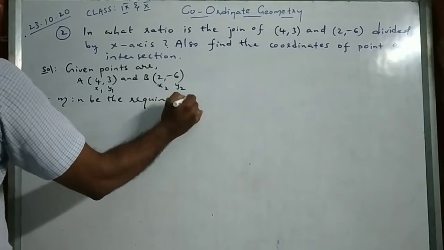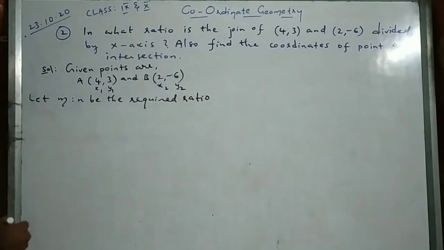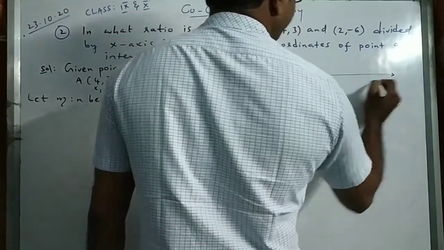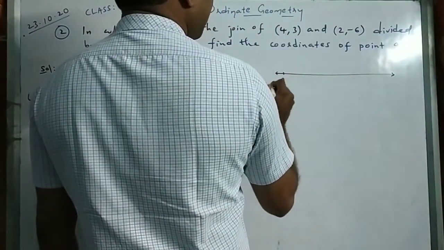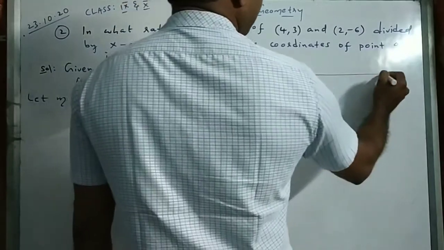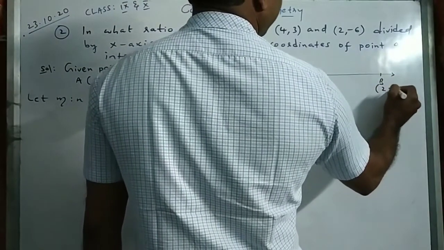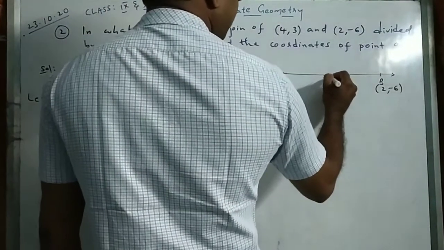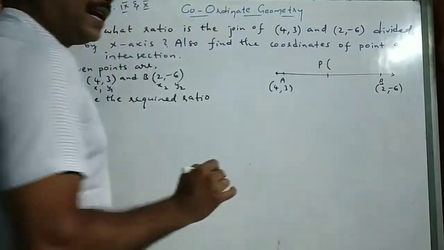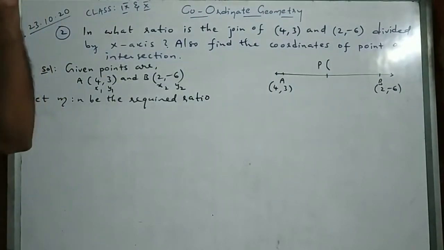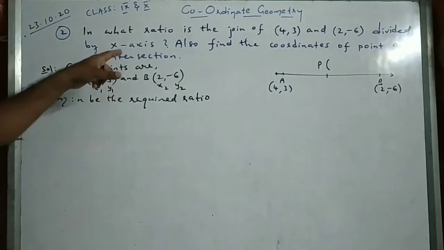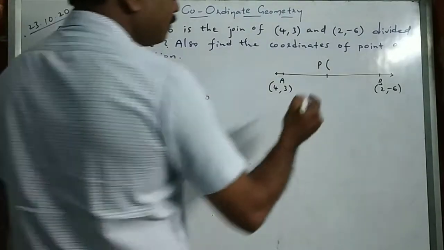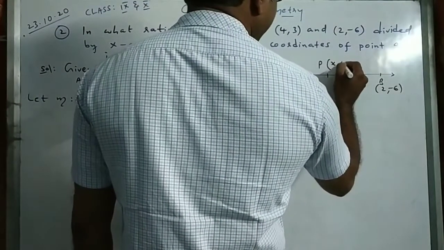Let m is to n be the required ratio. Now we draw the diagram here. We are given A (4, 3), B (2, minus 6). Two points are given. Somewhere there is one division point P (x, y). Actually (x, y) is the division point, but the condition is divided by the x-axis. So the y coordinate should be 0, right?